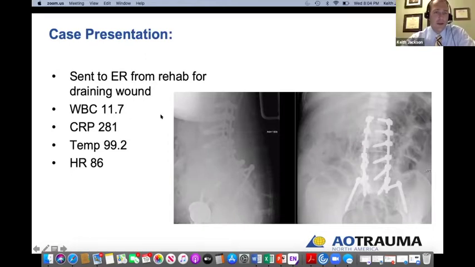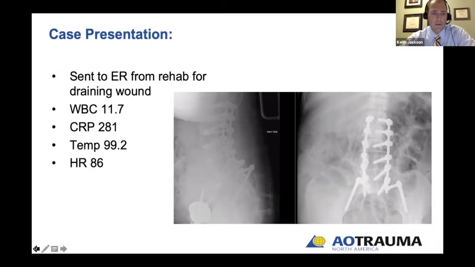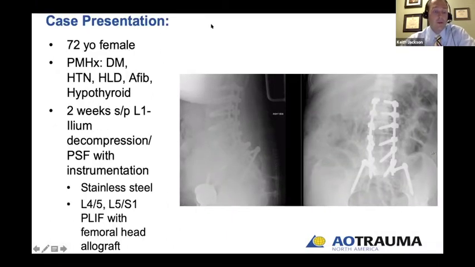So to start off with a case, this is a 72-year-old female who was treated by an outside surgeon with an L1 to the ilium decompression and posterior spinal fusion with stainless steel instrumentation and allograft interbody devices at L4-5 and L5-S1.